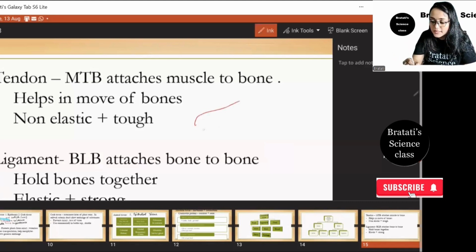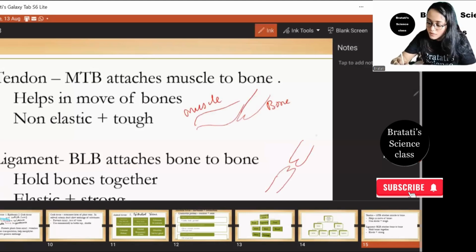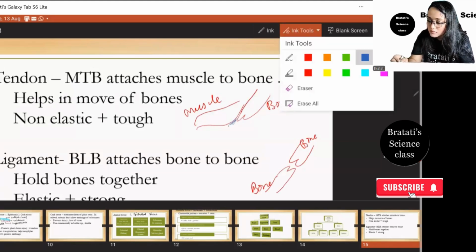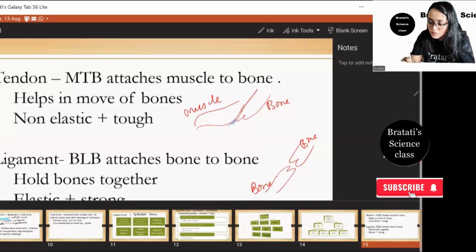So if this is the muscle and this is the bone, and here are two bones, one here and another bone here, this part is the tendon, which is attaching the muscle to the bone, and this part is the ligament, which is attaching the two bones.